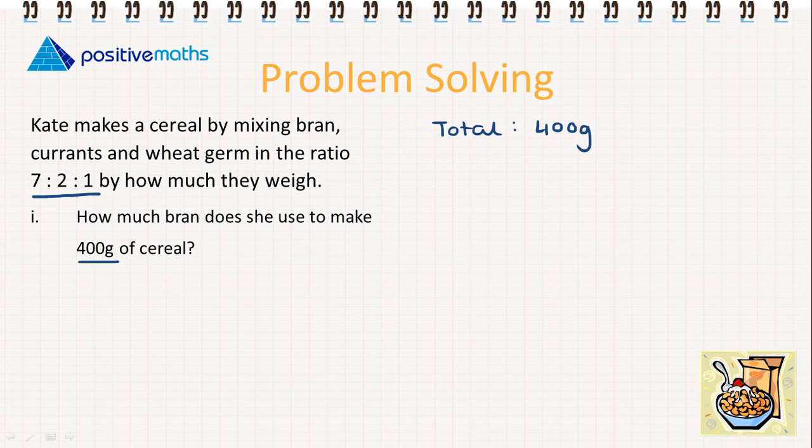Okay, so let's rewrite out our ratio here. We have bran is to currants is to wheat germ. Okay, so that's our ratio in words, and then underneath it we can write 7:2:1.